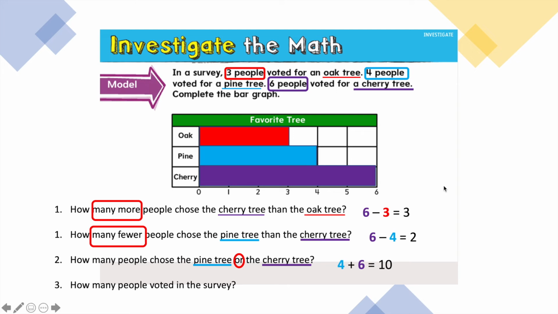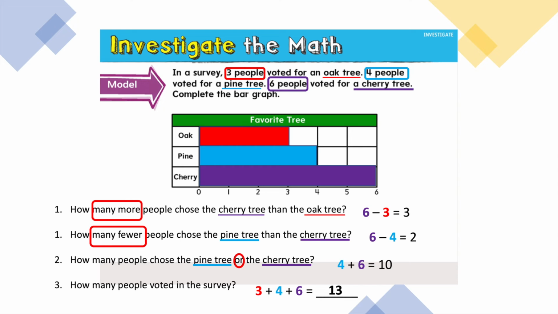Okay, so we know there's 3 people for oak tree, 4 people for pine tree, and 6 people for cherry. So how many people were surveyed? 13 people were surveyed.